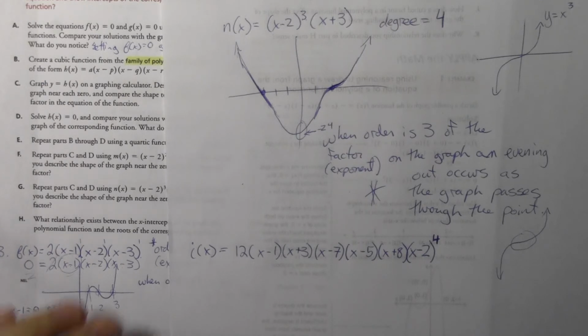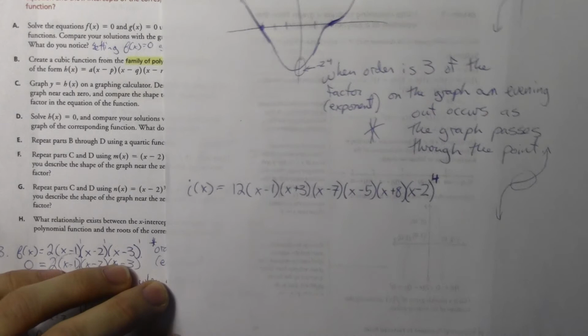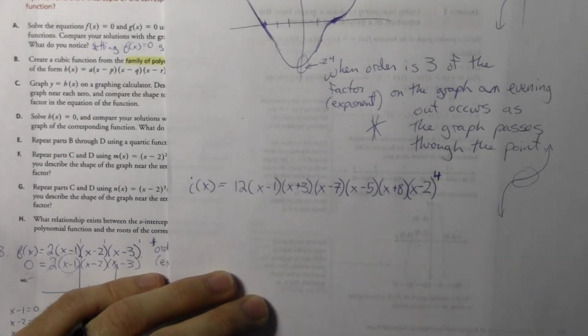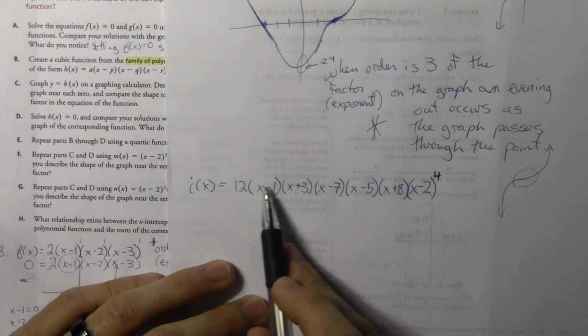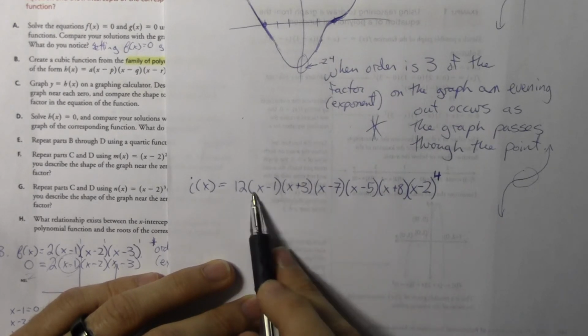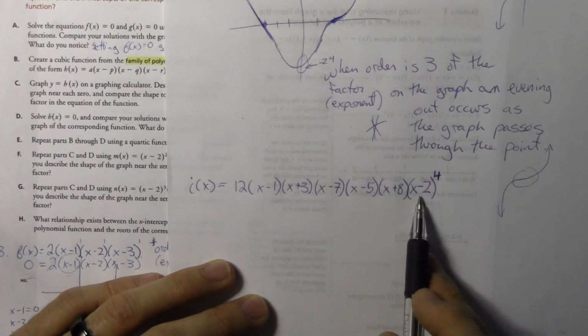Okay, it looks super crazy, but one nice thing is that it's already in factored form. If I had written this in standard form, you guys really would have had something to say. But this is 1, 2, 3, 4, 5. So squared, cubic, quartic, quintic.